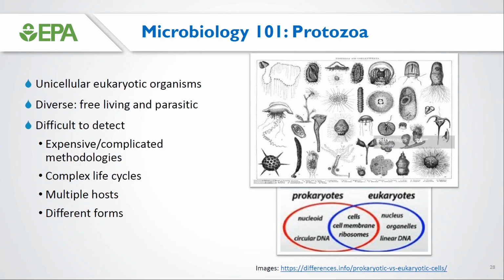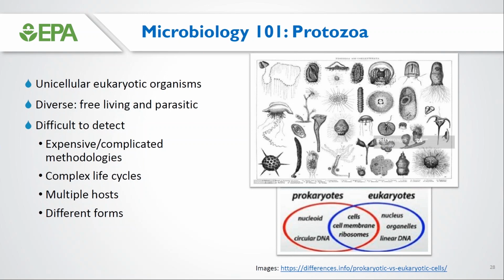And like I said, they can be free living or parasitic. This bottom Venn diagram gives you some of the commonalities between prokaryotes and eukaryotic cells.